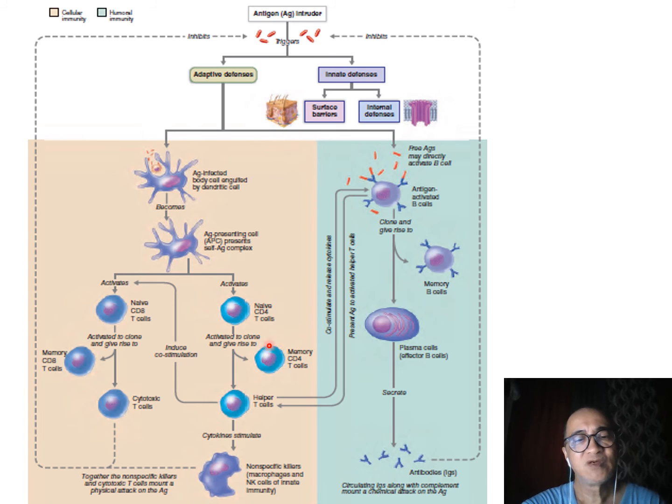Meanwhile, when the infection has already been contained, a few of those activated T cells and B cells remain in the blood throughout life, so that when the same antigen is encountered once again, the immune response can be quicker than the previous one, and the defenses of the body become more efficient with memory T cells and memory B cells.